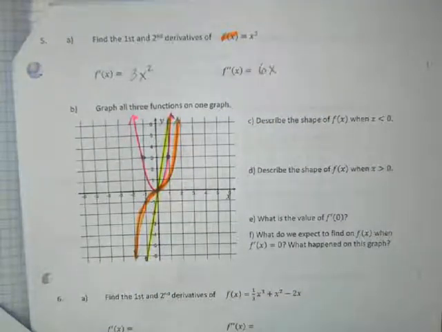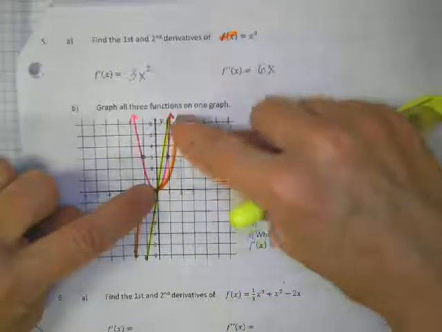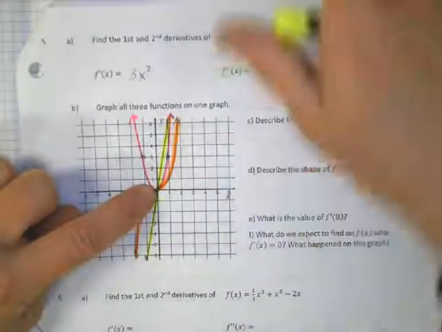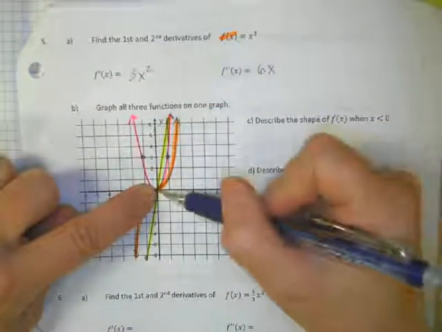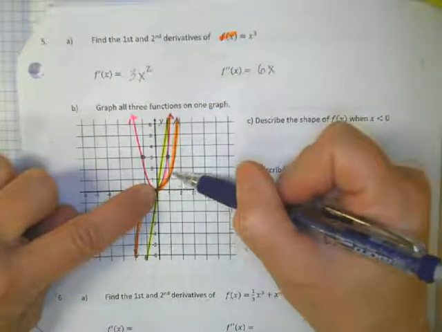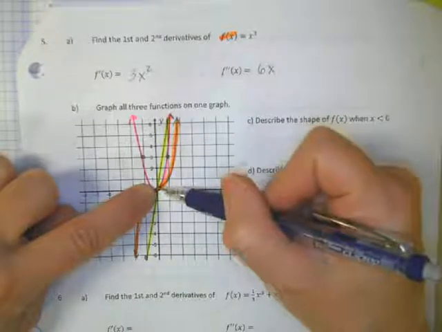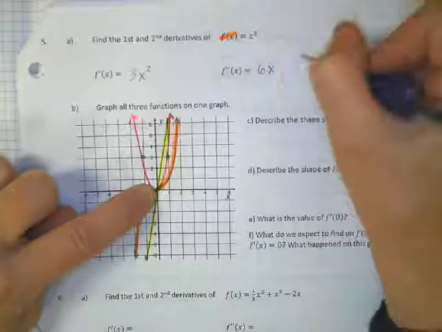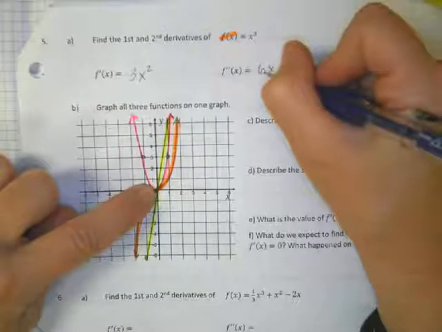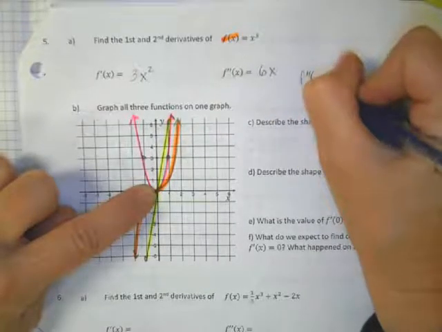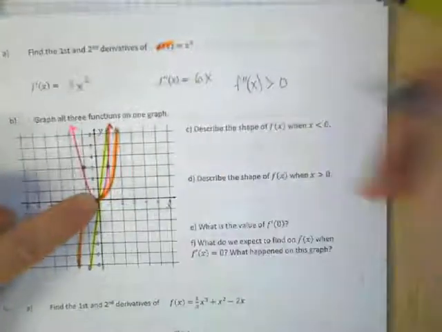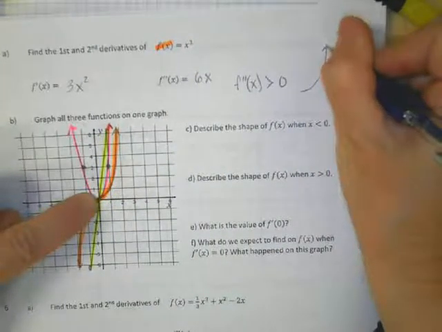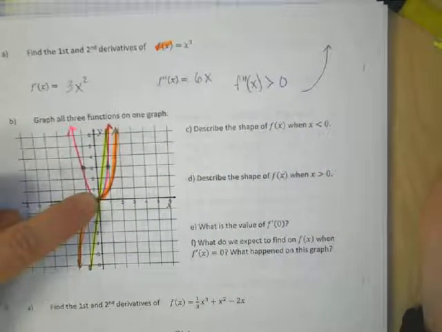And so to the right of that, my second derivative is positive. And now look at the values of the original function. Those were in orange. Look at the values of the original function here in orange. Notice this shape where my second derivative is greater than 0, the shape of the original function is looking like that. That is concave up.